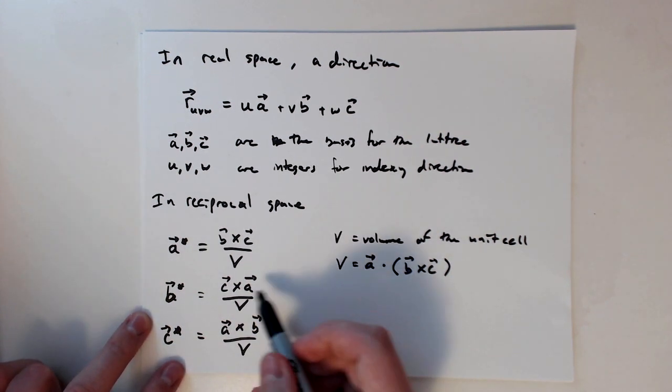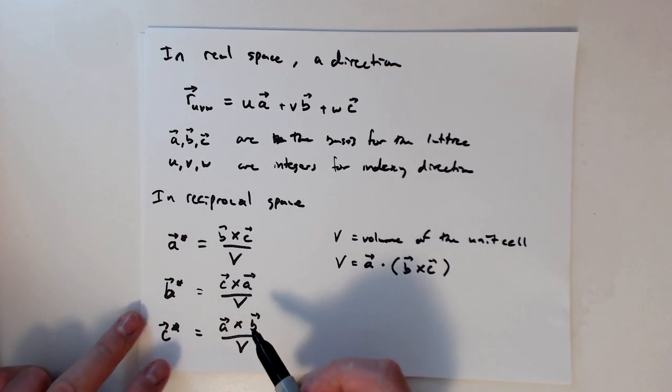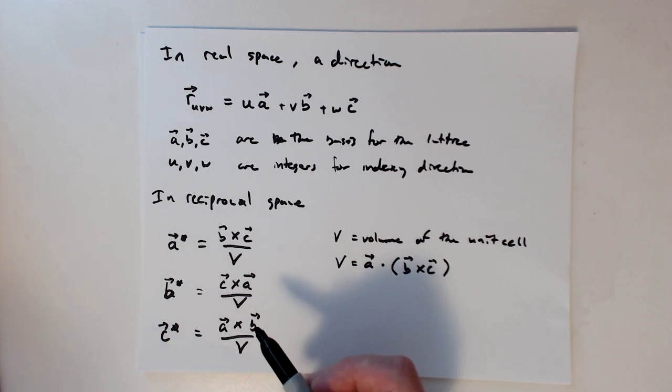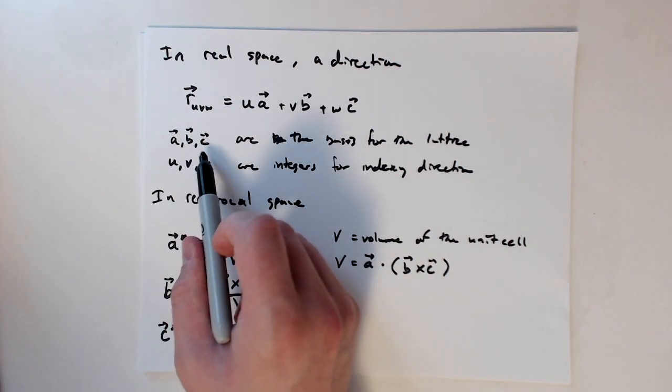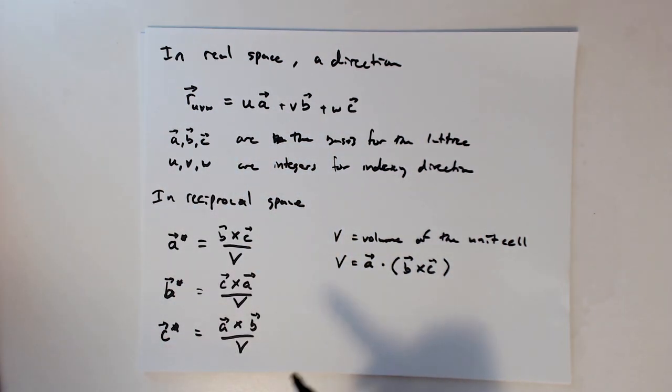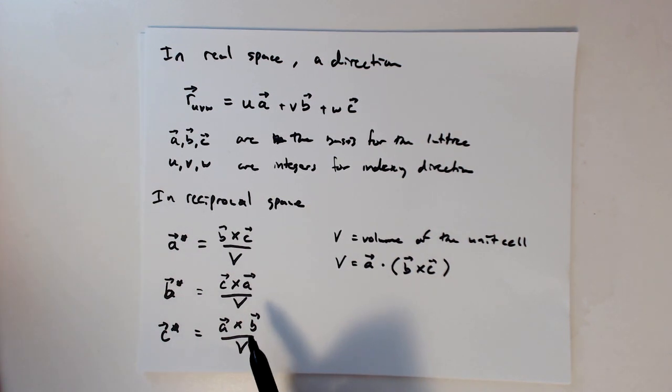So they're all over volume, and then just the different cross products in those cases. Right? So this is just our definition for the basic building blocks, the corollary to A, B, and C in reciprocal space. So you don't necessarily need to memorize these equations, but I just want you to know where the definition of reciprocal space in terms of real space comes into play.